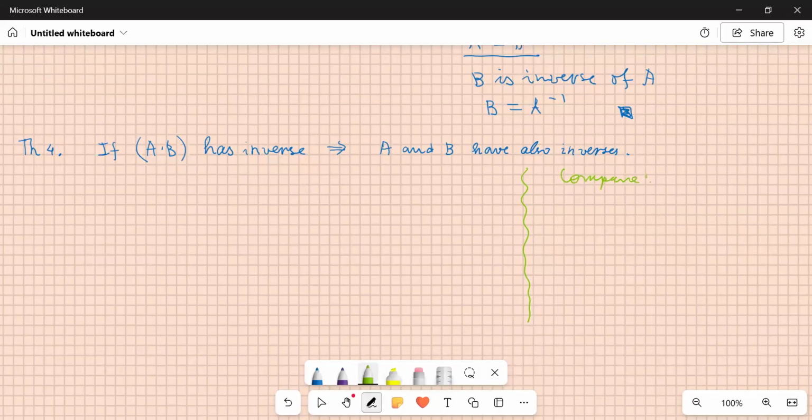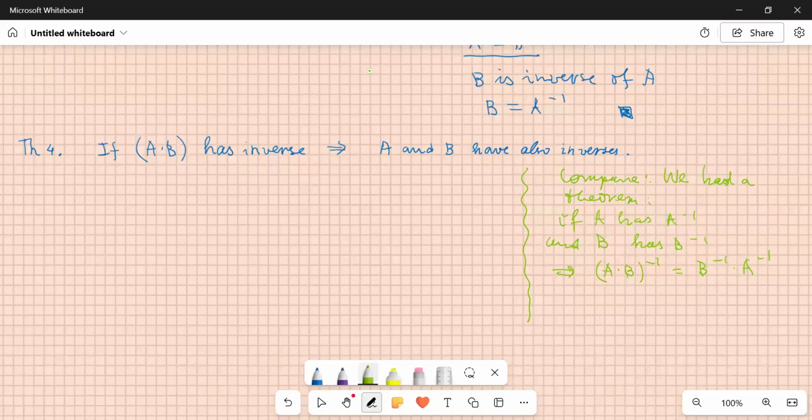If A has an inverse and B has an inverse, then the product AB has an inverse and it equals B inverse times A inverse, right? Here, guys, we are trying to say the opposite. Now, if the product has an inverse, then each matrix is going to have an inverse.